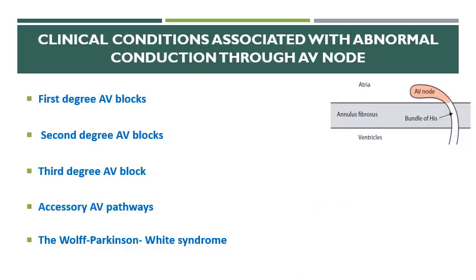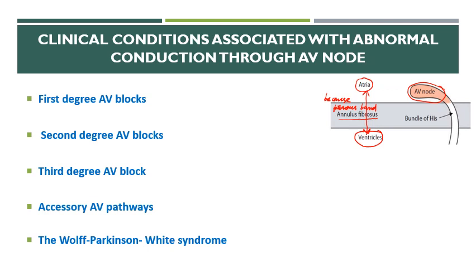The impulse conduction through the AV node is very important clinically as there is no connection between the atria and ventricles except the AV node, because atria are separated from ventricles through a fibrous band that is called annulus fibrosus, and due to the presence of this band the impulses cannot pass from the atria to the ventricles directly.